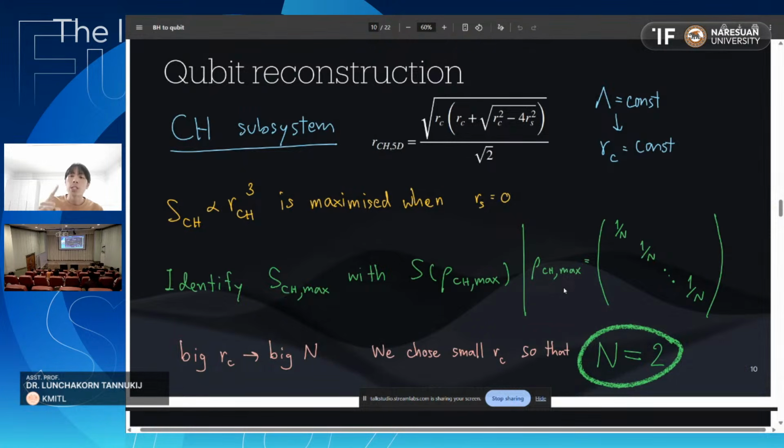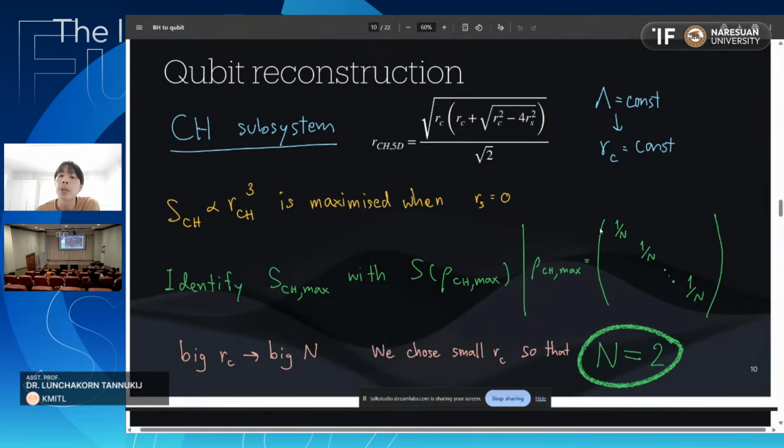Now, there is one form of density matrix which has the maximum entropy, which is this form. The density matrix is diagonal, and the diagonal elements are equally distributed.